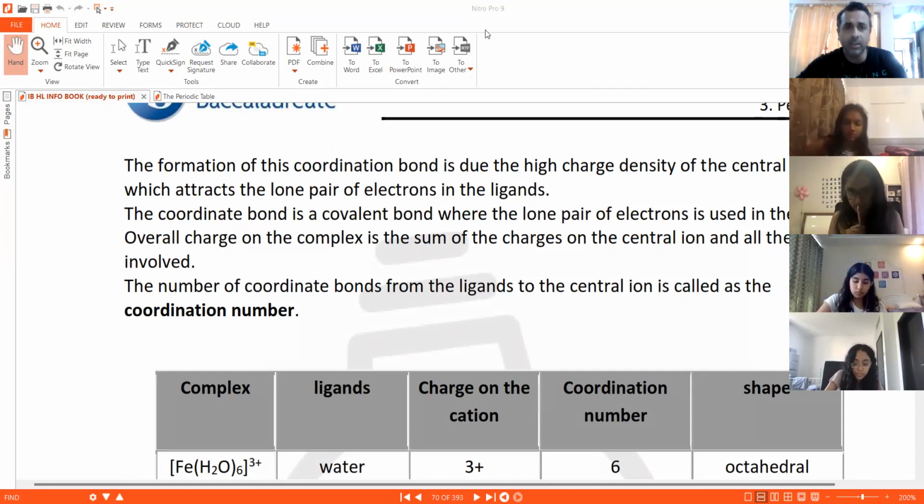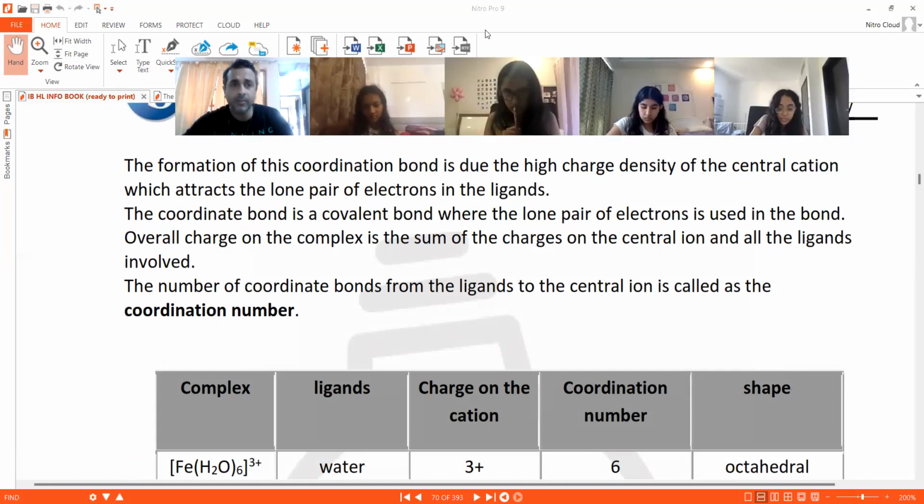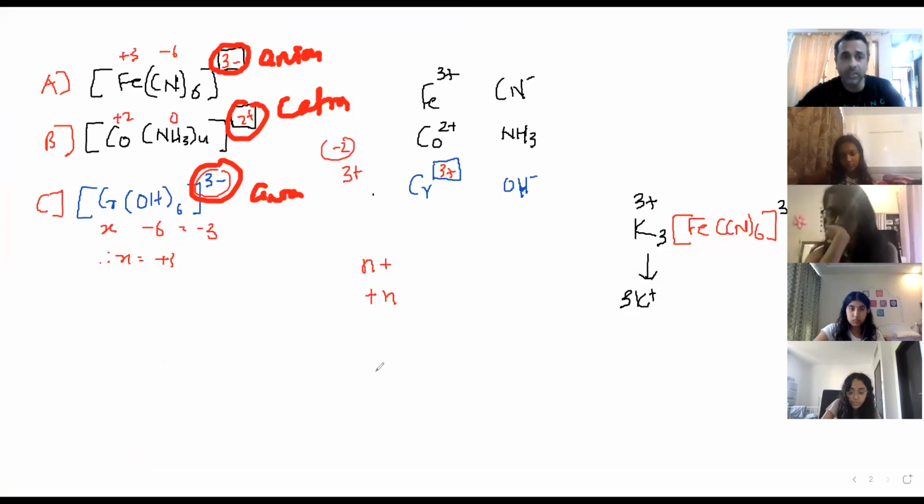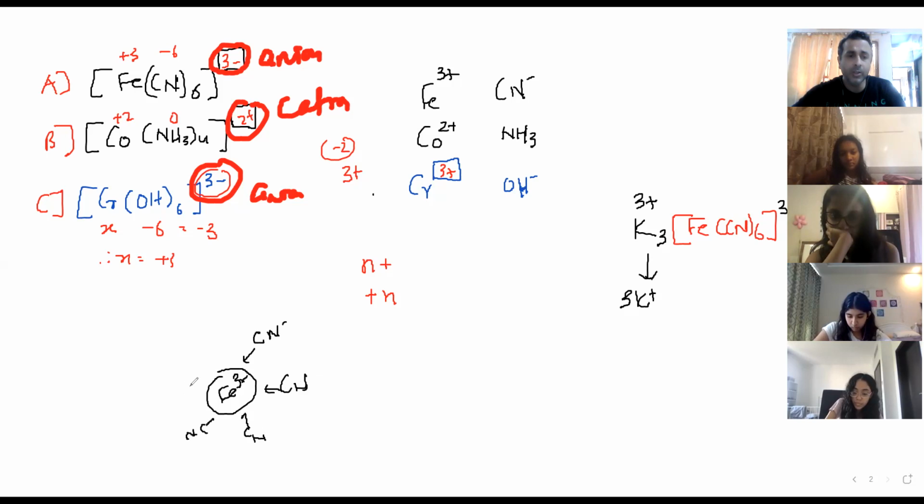So in these cases, suppose I'm talking about the first case, the Fe 3 plus ion, and there are 6 cyanide ions around that. So 1, 2, 3, 4, 5, and 6.